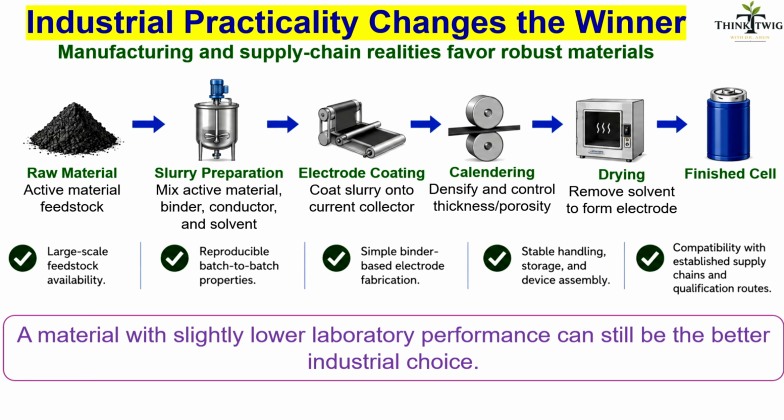So the final winner is decided not only inside the electrochemical testing instrument, it is also decided during material production, slurry preparation, coating, electrode densification, drying, and complete cell manufacturing. Still, we should keep the comparison balanced because activated carbon is not the best answer for every device goal.